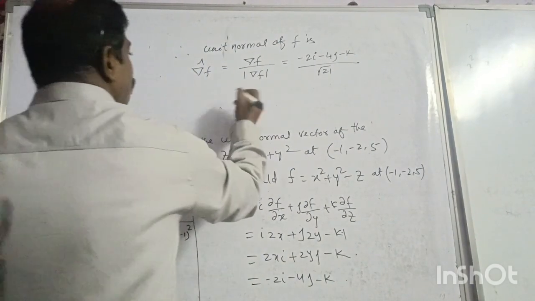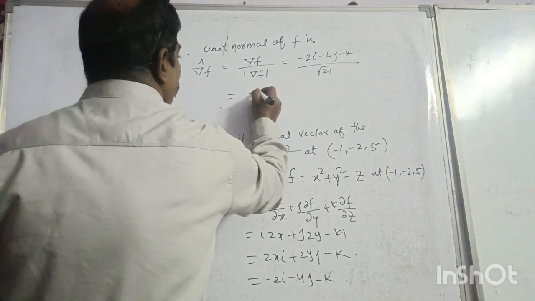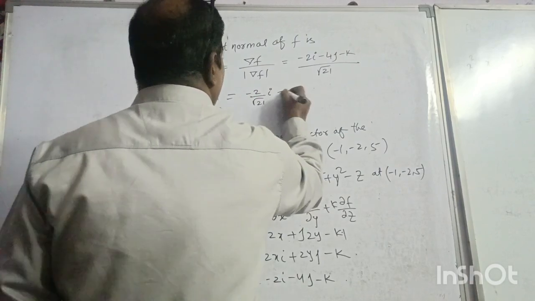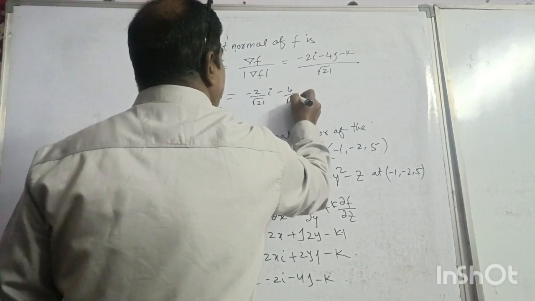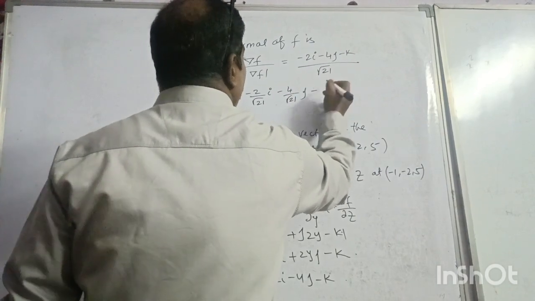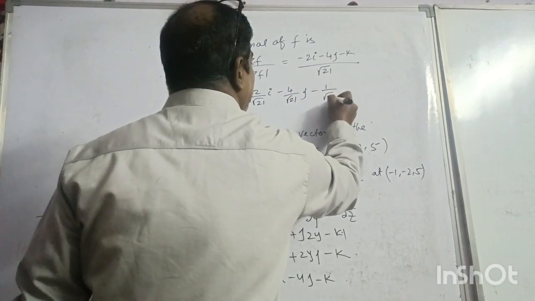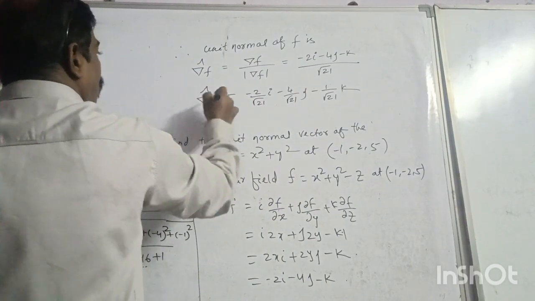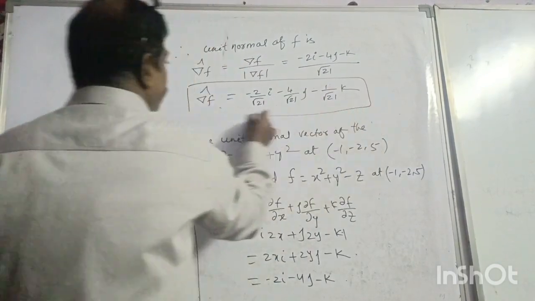That is equal to minus 2 by root 21 i minus 4 by root 21 j minus 1 by root 21 k. This is your answer. Have you understood?